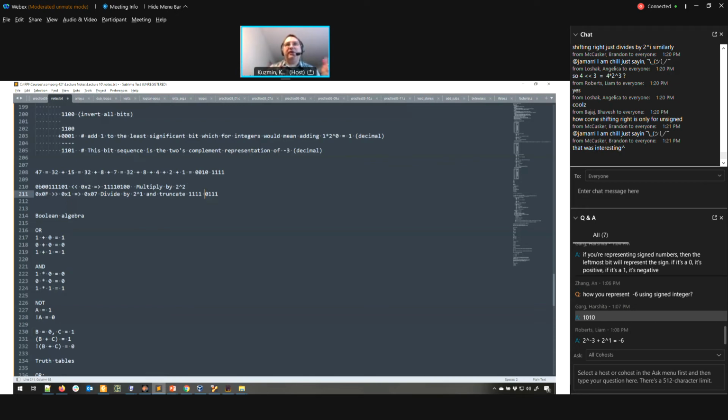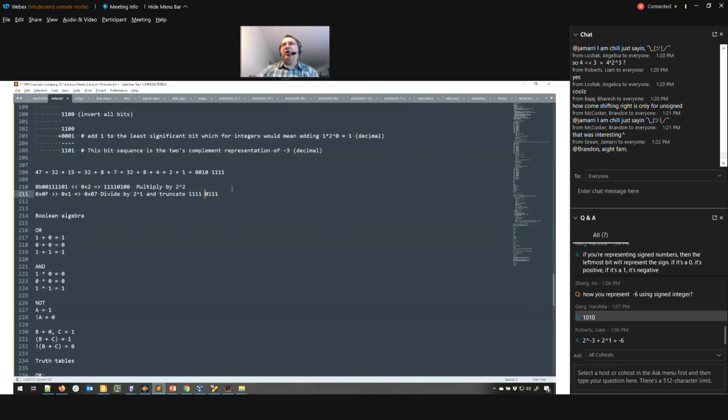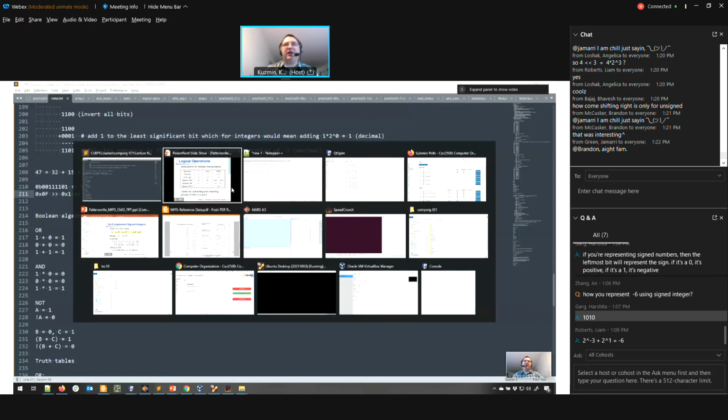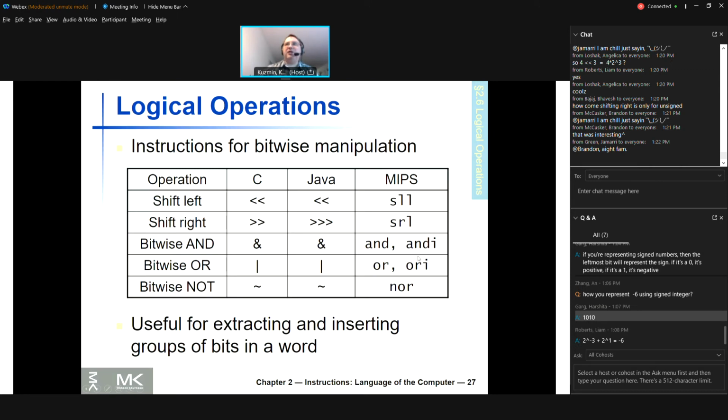That's why we would have to fill in with 1, not with 0, for the arithmetic shift. So a logical shift right works correctly only for unsigned. If you want it to work correctly for signed values, you have to use arithmetic shift, and there are instructions in MIPS that do both types of shifts, both logical and arithmetic.